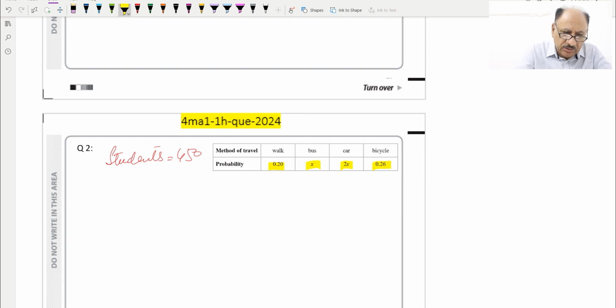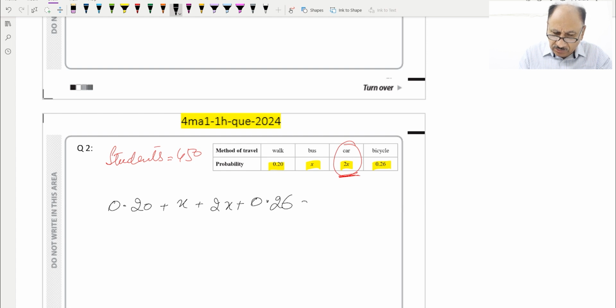Car is this one, which is 2x, so we need to find the value of 2x. The sum of probabilities is equal to 1. So our equation will be 0.20 plus x plus 2x plus 0.2x is equal to 1. Adding like terms, 2x plus x is 3x, plus 0.46 is equal to 1.